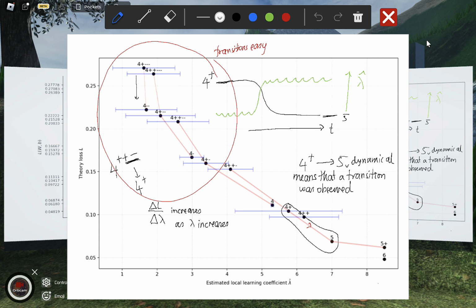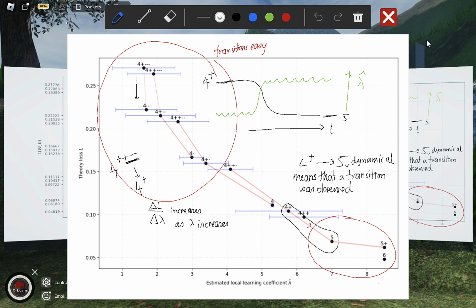I mean, John Tian hates it when I say this, but 4 minus is kind of like a 3-gon, and 4 minus minus is kind of like a 2-gon. Not exactly, those are different things, but on some level, maybe it's not completely illegal to think that way. So they're just really bad solutions, and making progress there is relatively easy, whereas down here, you look at the 5 to 5 plus, right?